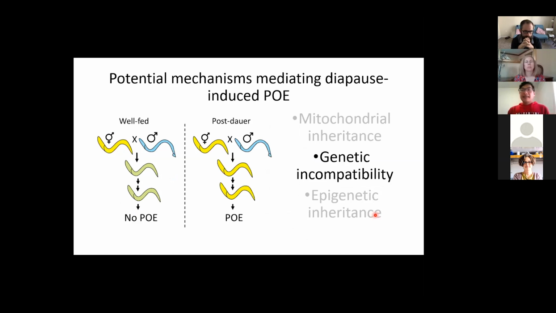It is known that some wild isolates contain selfish genetic elements active in either sperm or oocyte, causing them to be genetically incompatible. It is then conceivable that genomic incompatibility may be enhanced in the presence of starvation, and depend on the direction of the cross, giving rise to the POE we observed.